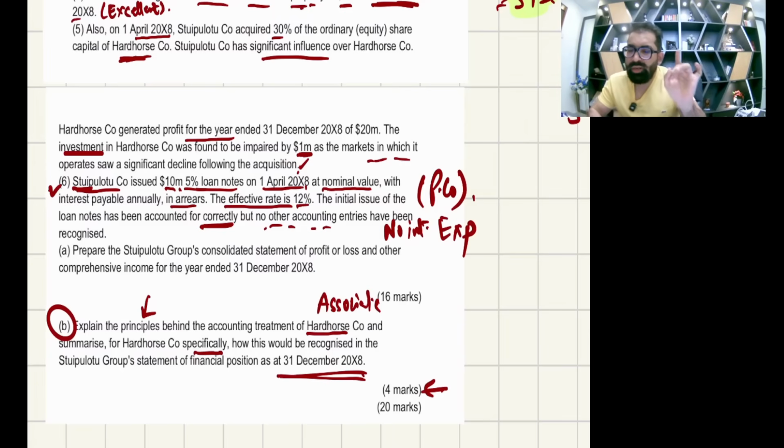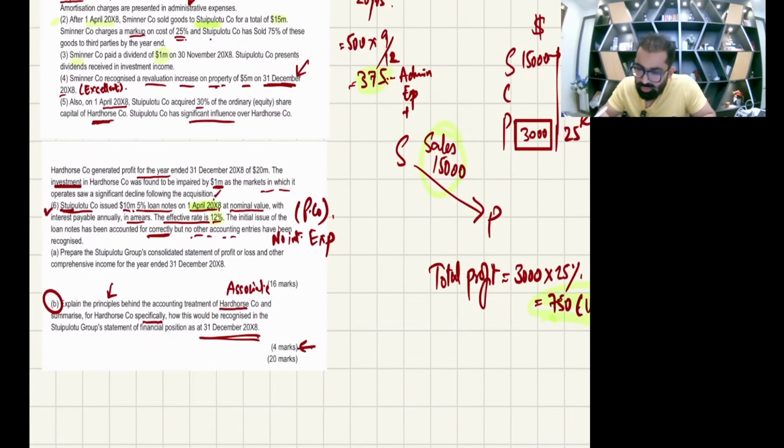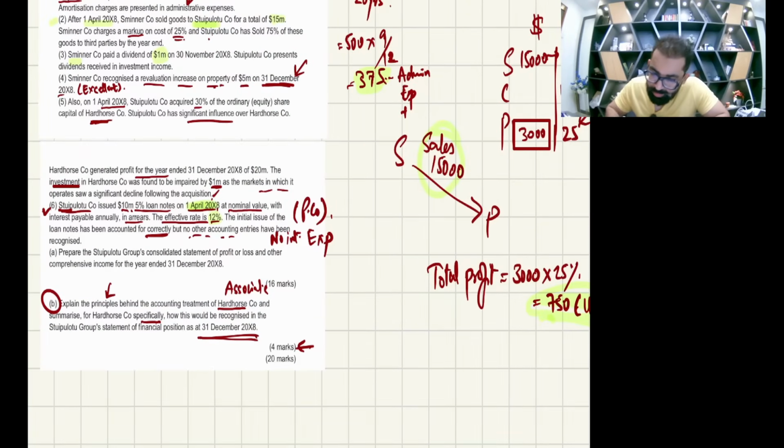You all know that interest expense will be booked using the effective interest rate, and the issue date is 1st April X8. If I show you the picture for the year, we have used it only for 9 months.